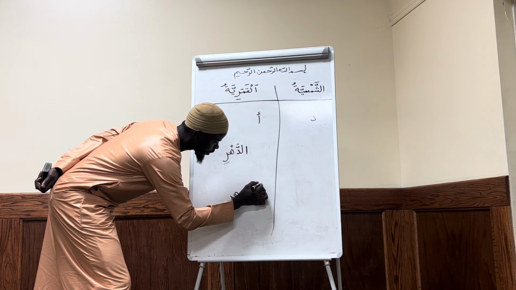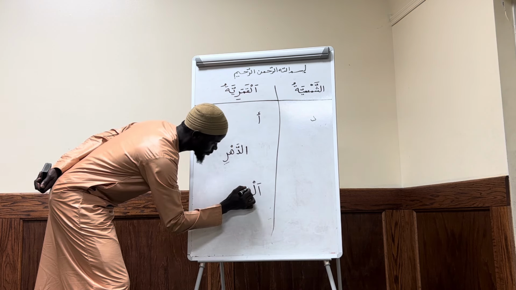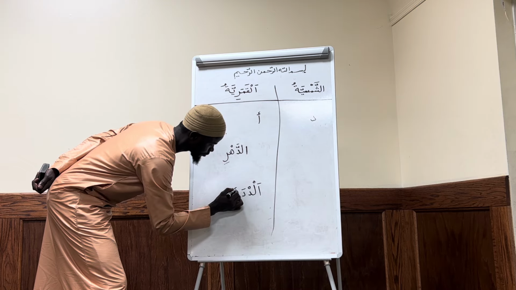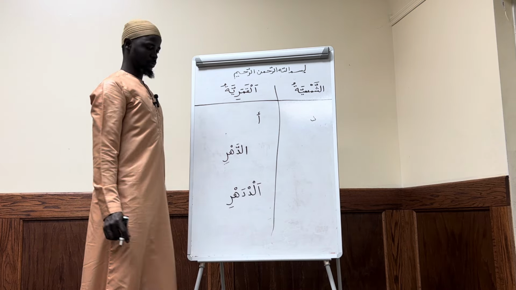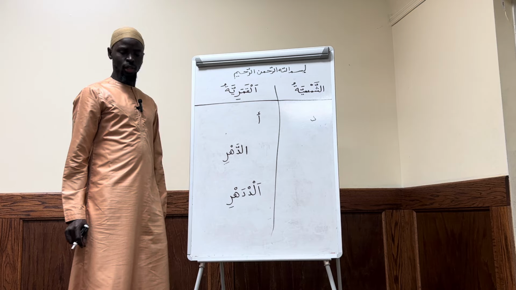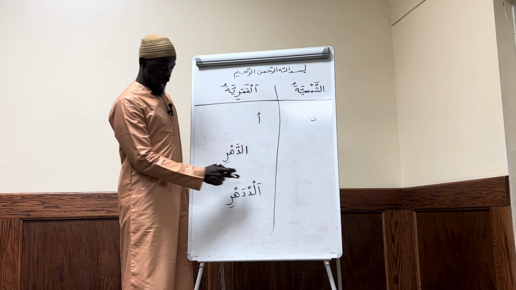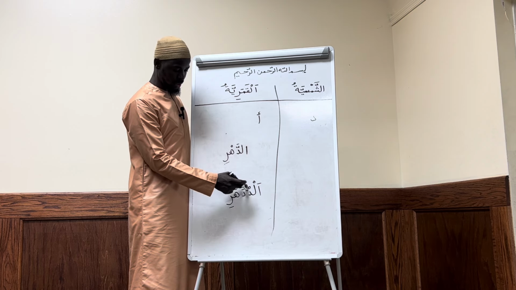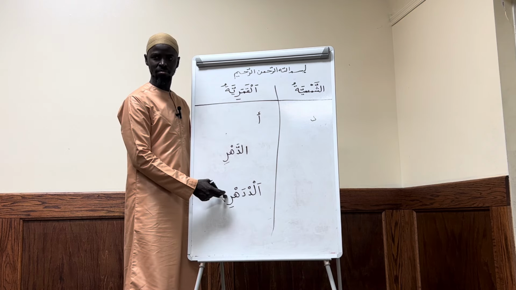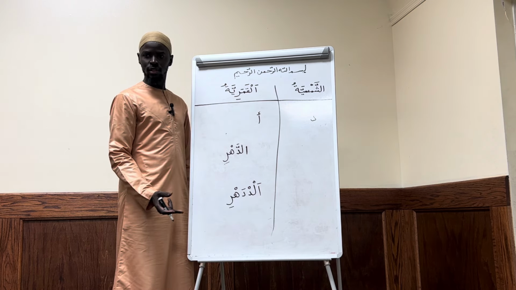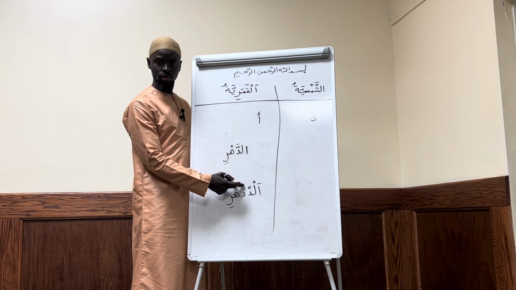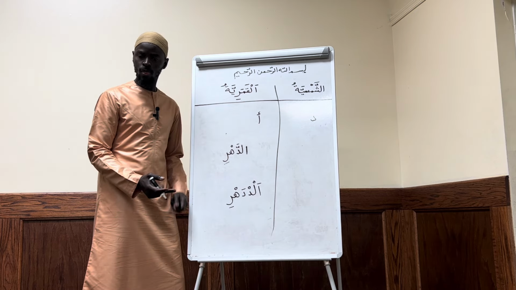You see? This is how it's going to be. So how can you read this word? Al id dahri. You cannot read it. So that means two sukoons. Which one are you going to drop? The first one.